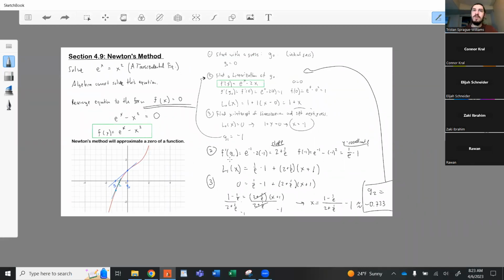What you get from Newton's method is then a sequence of these guesses, right? And your initial guess, despite how it could have been really bad, leads to a new guess, which is better. And then the next guess after that is even better. And the sequence approaches the solution to the equation, which is the 0 of the function.